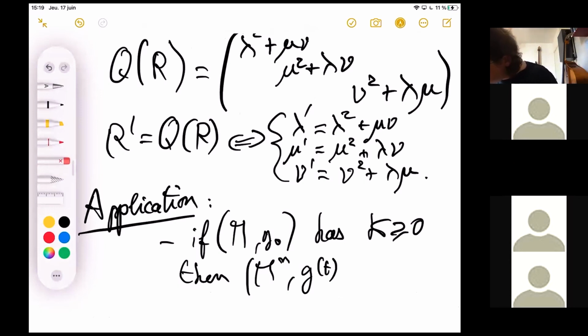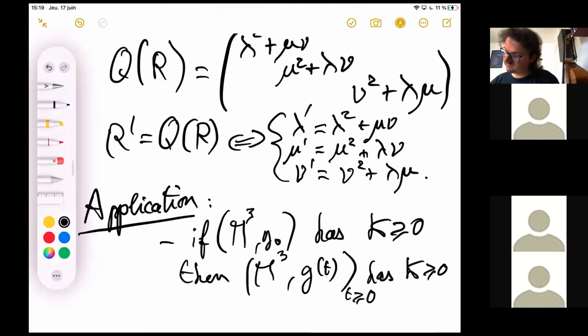Maybe let's not put an n here, because it's false starting in dimension 4. There are counterexamples. Yeah, maybe let's write the interval of existence instead.